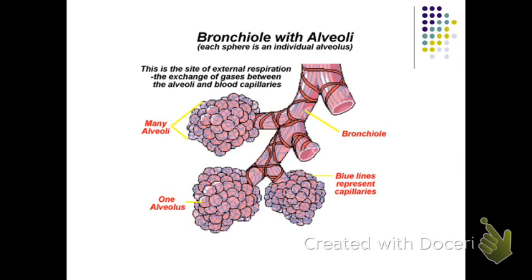So here is an image of a bronchiole with alveoli. So the bronchiole has divided into the many alveoli, and you may need to zoom in, but on the alveoli you can see the blood capillaries that kind of spiderweb over them to increase the amount of gas exchange that occurs within the alveoli.